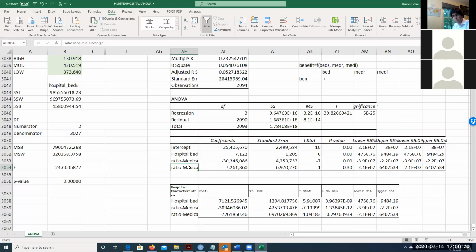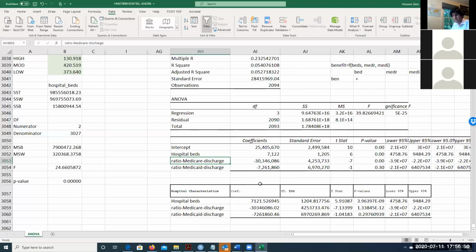I mean, in this sample, having higher Medicare patients will reduce the benefits, but having higher Medicaid patients has a negative impact that doesn't significantly reduce the benefits. Any other questions, Sarah? So basically, we would want Medicaid, not Medicare, because of the difference.